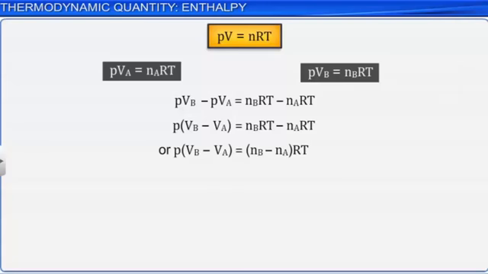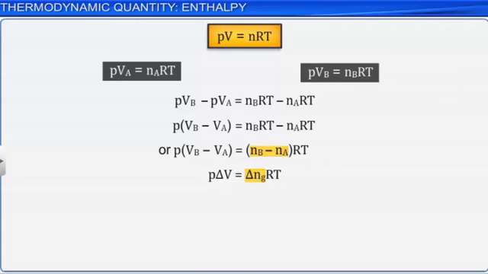That is, pressure P multiplied by change in volume, delta V, equals change in number of moles of gas, delta n g, RT. Note that delta n is the number of moles of gaseous products minus number of moles of gaseous reactants.